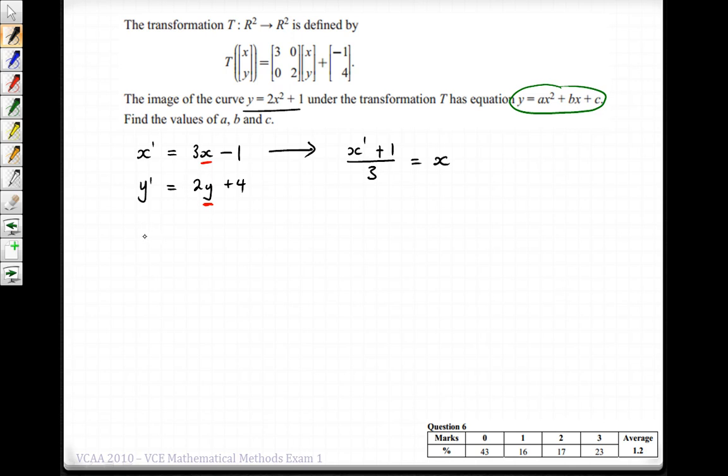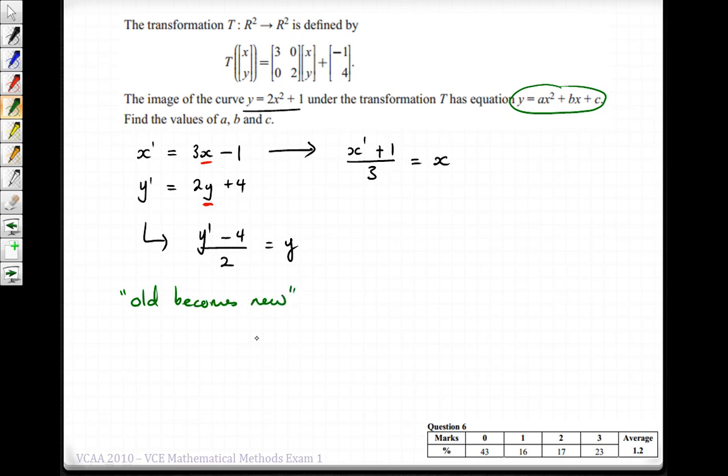And this y here becomes y prime minus 4, divided by 2, equals my normal y. So now at this point, we do an old becomes new.